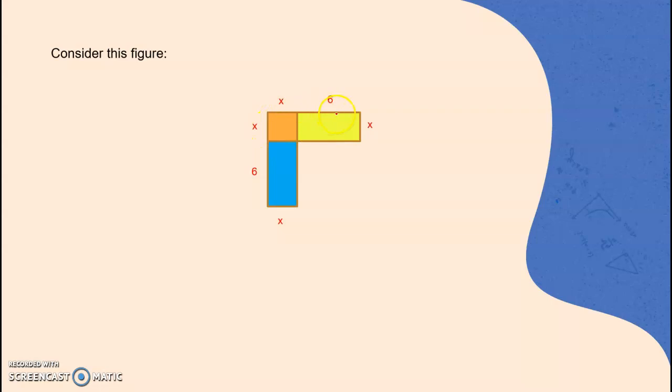Dito yung isa, yung rectangle, 6 dito, tapos dito sa kabila, 6 din. So, katulad dito sa blue na rectangle, 6 din, at saka x. Now, let's name the square as A, and then the yellow rectangle B, and then the blue rectangle as C. So, question is, find the area of square A. So, ano nga bang area?